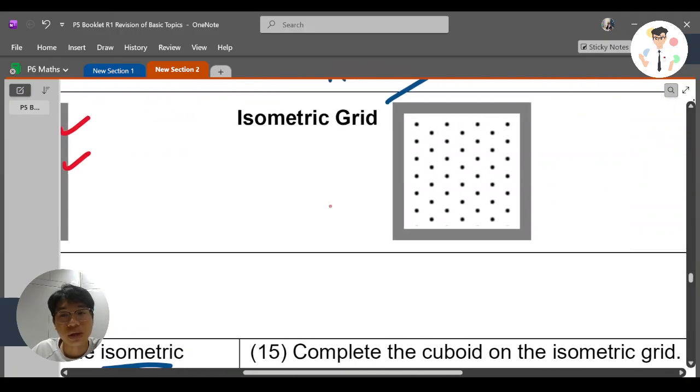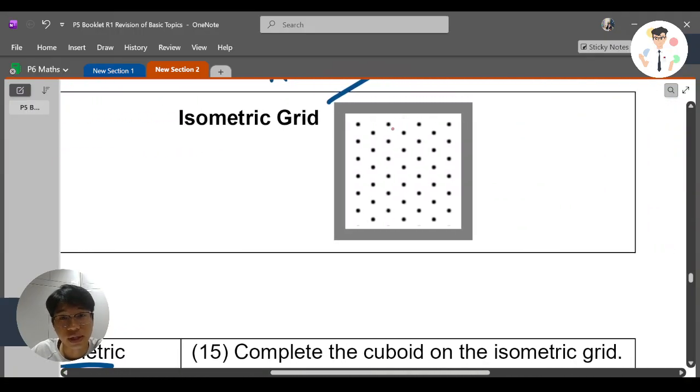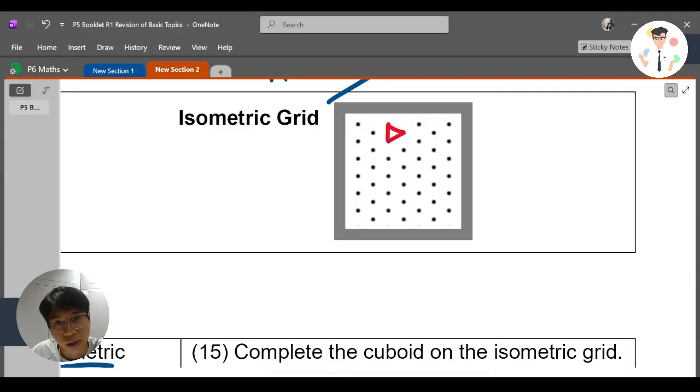But in the isometric grid, interestingly, vertical and diagonal, like this, are all 1 unit. That is the special thing about the isometric grid. There's no horizontal, so don't do it like this. But like this, like this, like this are all 1 unit.